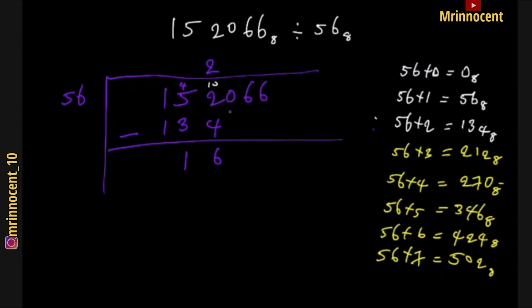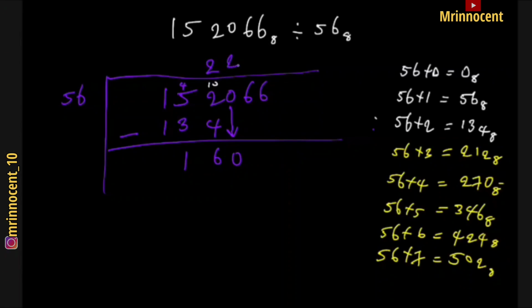So 56 divided by 16 cannot, bring down your 0. So 56 divided by 160. So you go back to the chart table and look for a number that is 160 or a number that comes immediately before 160. So here you have 134, which is 2.